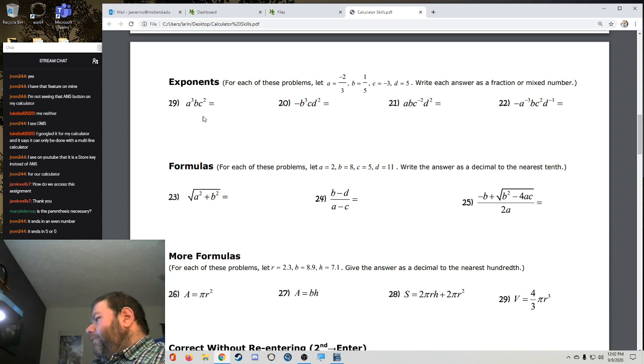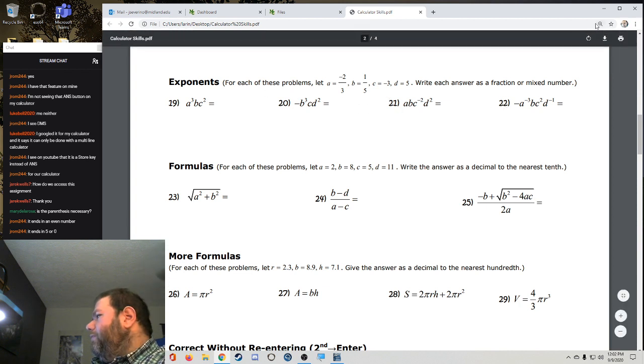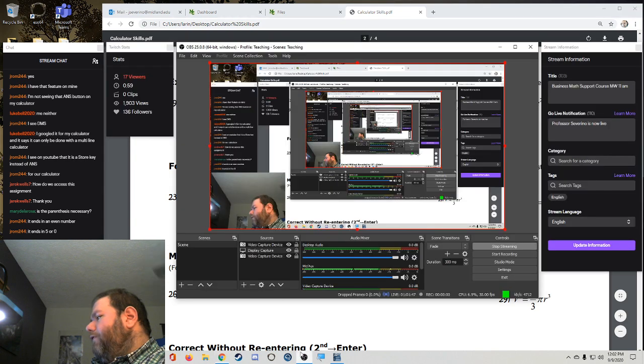You can see on 19 through 22, we have these values a, b, c, and d multiplied together with exponents in different ways in each of these examples. So for our part, let's see.